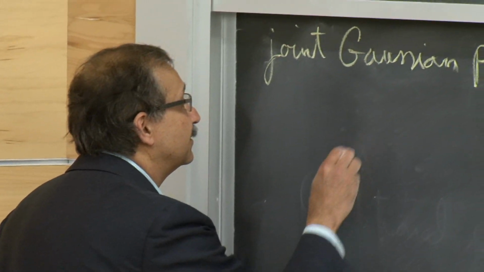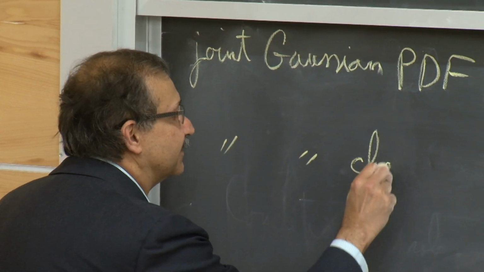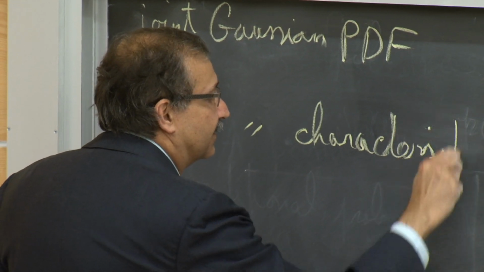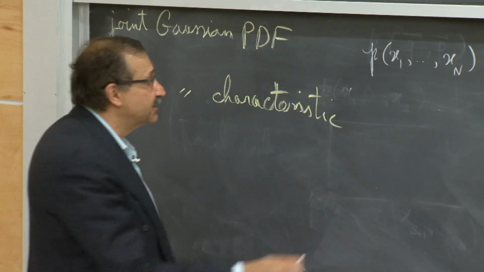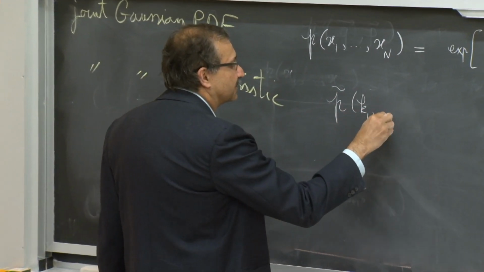Okay, so this is a properly normalized Gaussian joint probability. We are interested in the characteristic function, the joint Gaussian characteristic function. Again, we saw that the procedure is to do the Fourier transform.